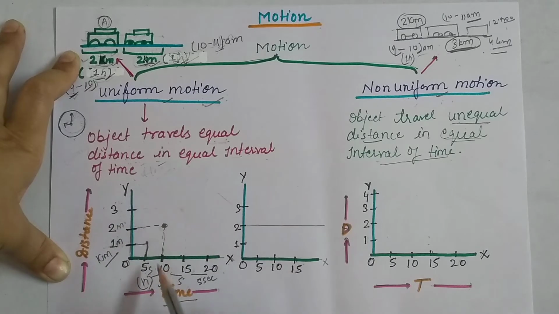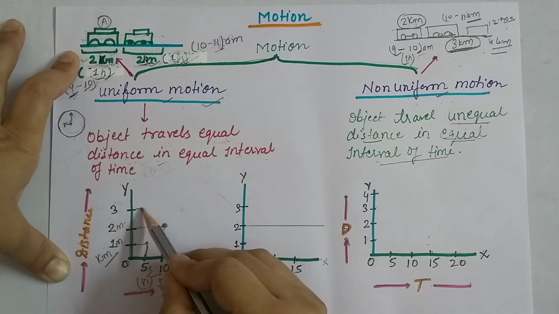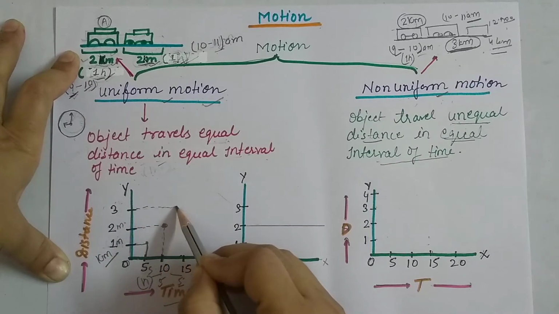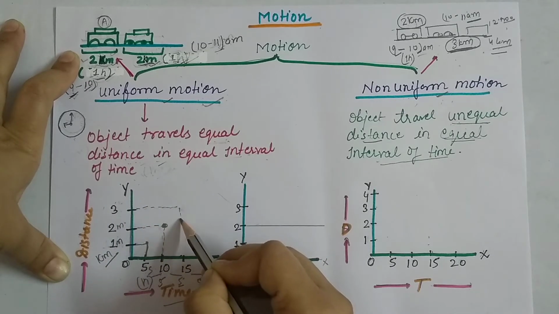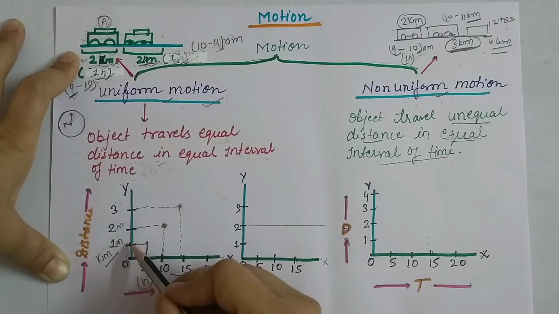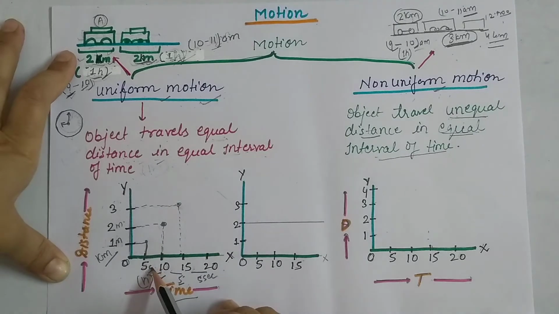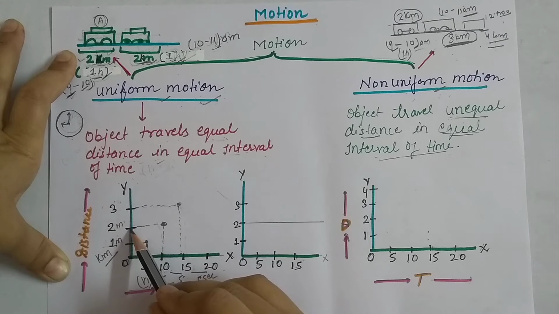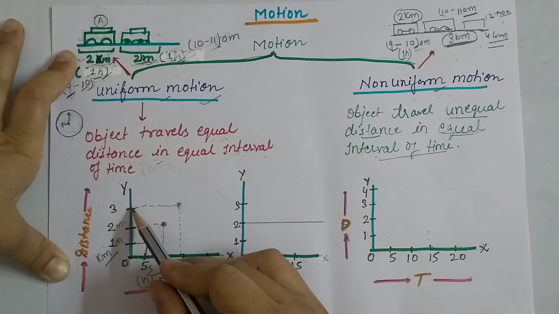Next again at 15 seconds, from 10 to 15, means after 5 seconds it covers 1 meter more, we are taking meter here, so it covers 3. So in 5 seconds it covers 1 meter, in 10 seconds it covers 2 meter, in 15 seconds it covers 3 meter.